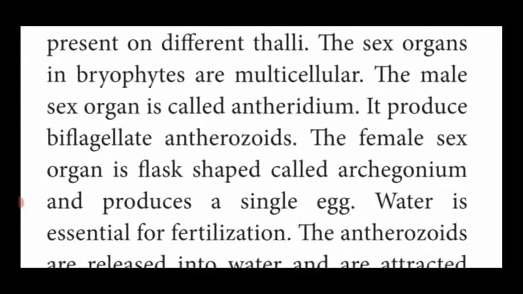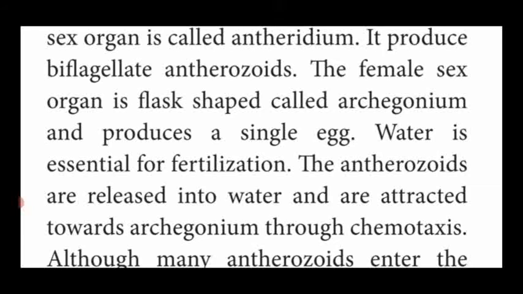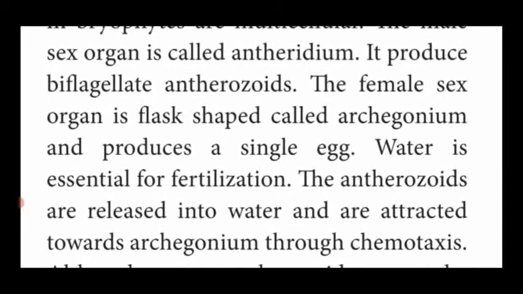Then the male sex organ is known as antheridium. Dear students, I already told you in the previous video class, hereafter we are going to say the sex organs by different names. Male sex organ antheridium, female sex organ archegonium. So likewise, here the male sex organ is known as antheridium.